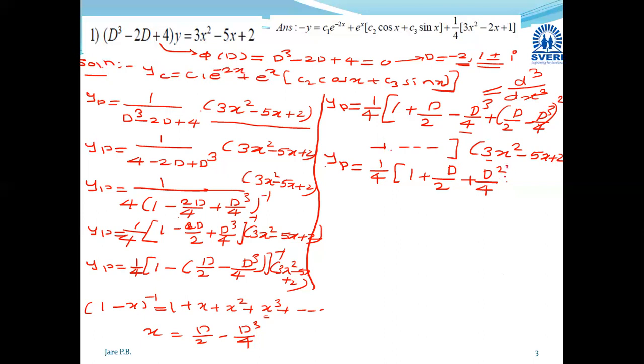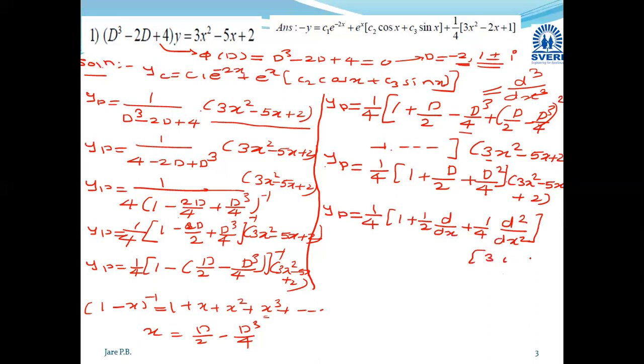So bracket complete, and here 3x square minus 5x plus 2. Now simplify: yp equals 1 by 4, 1 plus d by dx, plus 1 by 4, d square by dx square, bracket complete, into 3x square minus 5x plus 2.